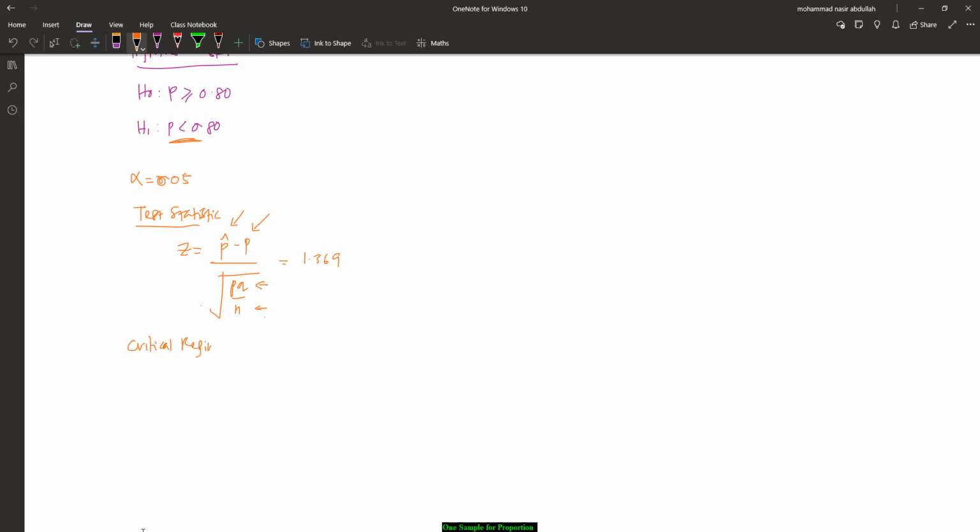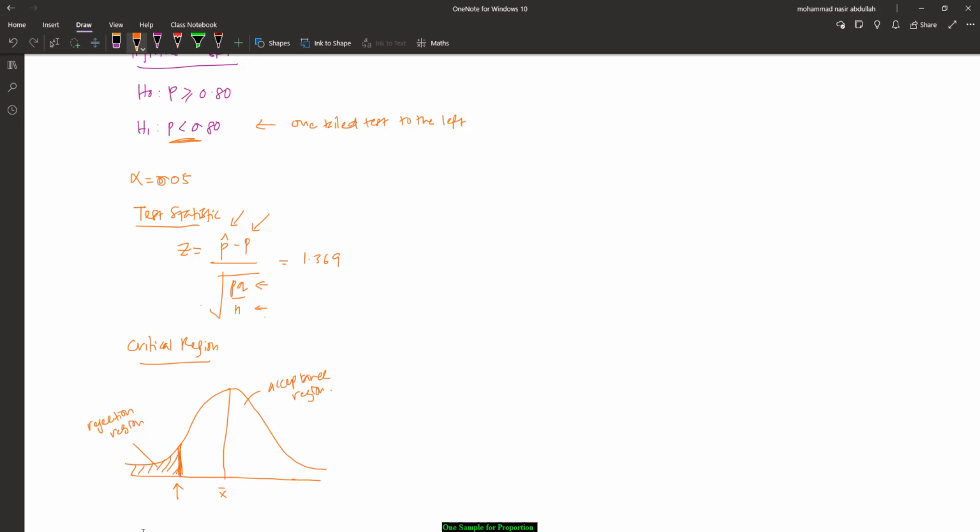Since this is a one-tail test to the left, because it's a less-than test, we draw a normal distribution curve and put the mean here. To the left is going to be our rejection region, and this is going to be the acceptance region, right?